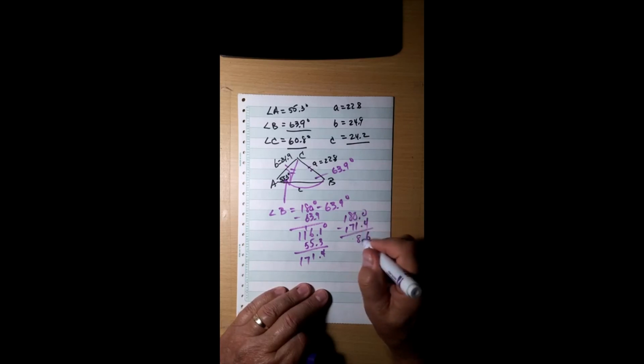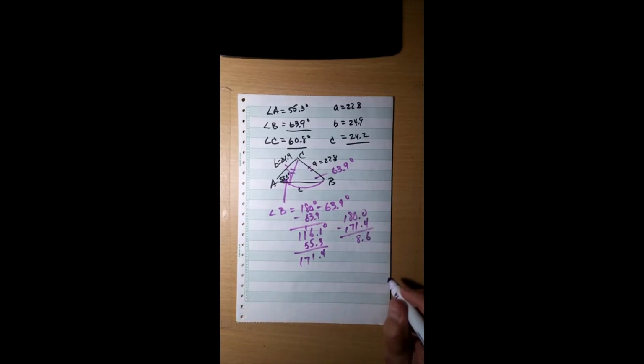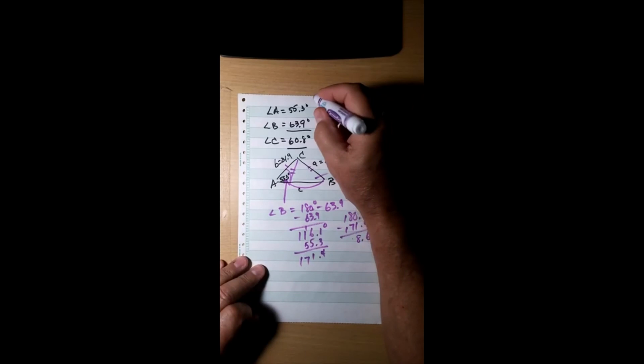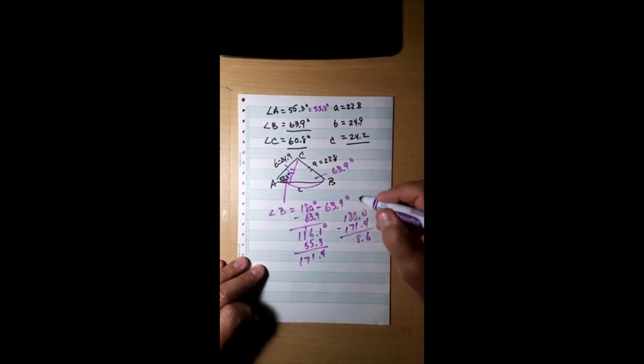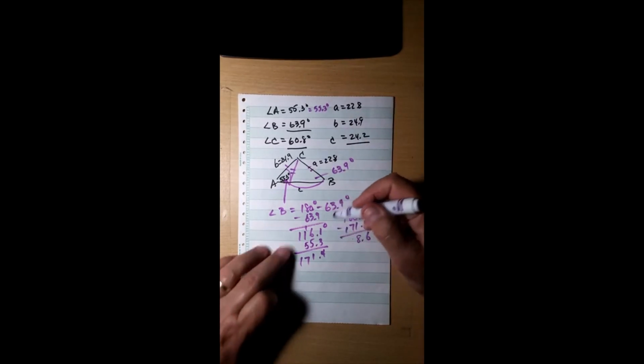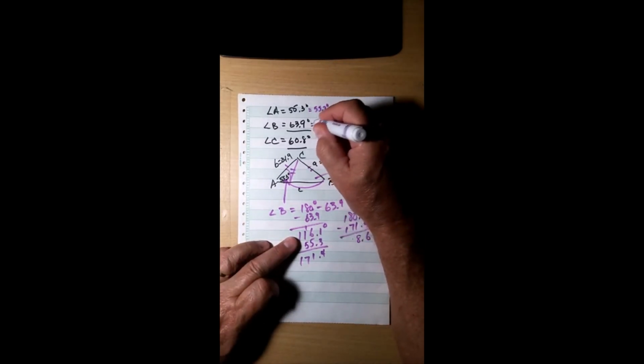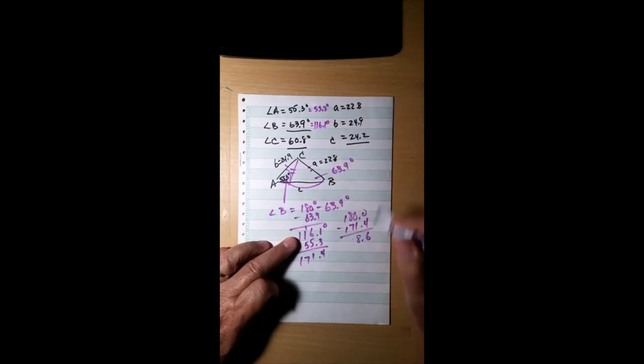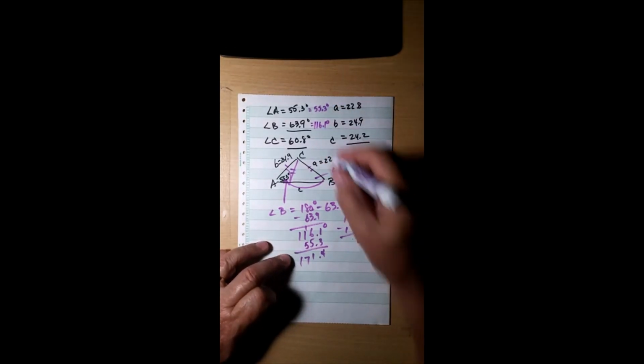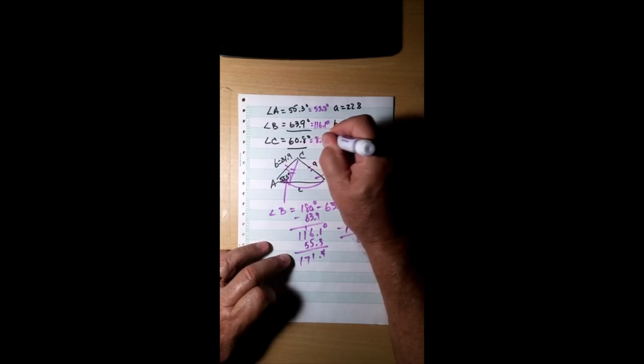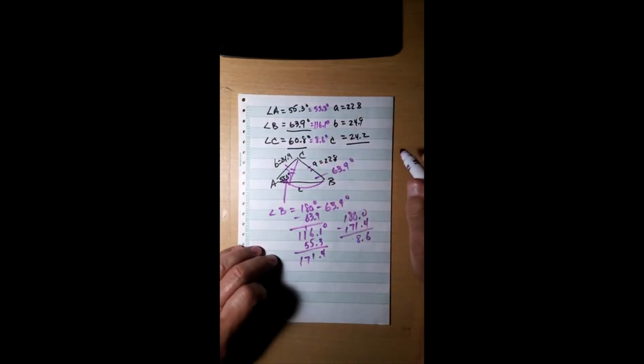And it's just 8.6 degrees. Is that all it is? That's all it is. So the other choices, 55.3. Angle B is the 116.1. That leaves angle C as the 8.6. That means we've got two triangles.